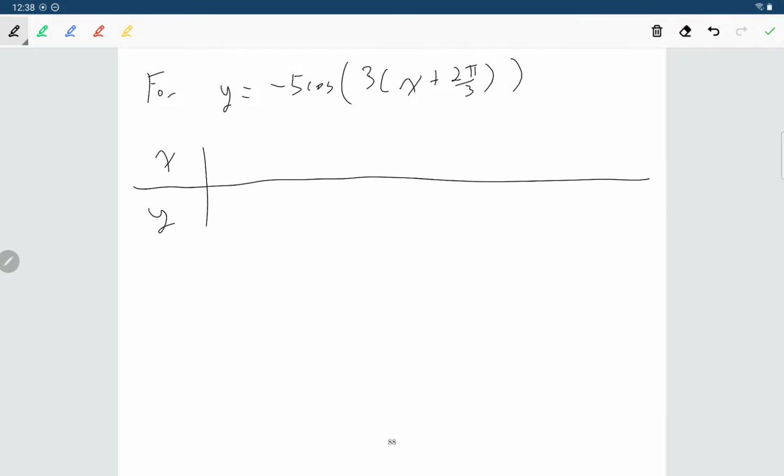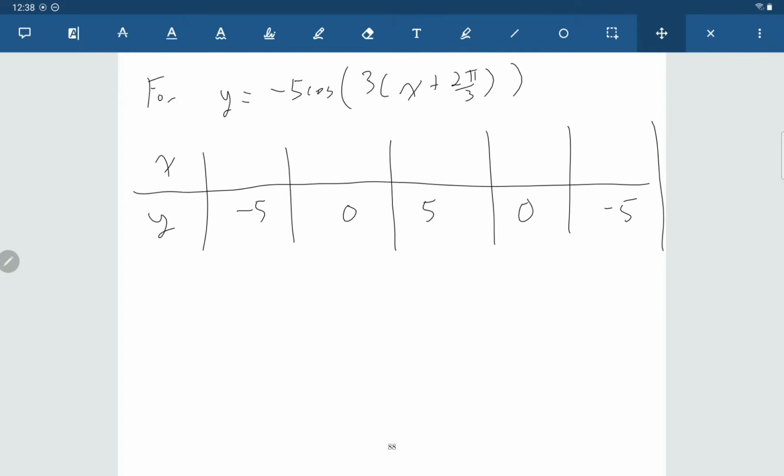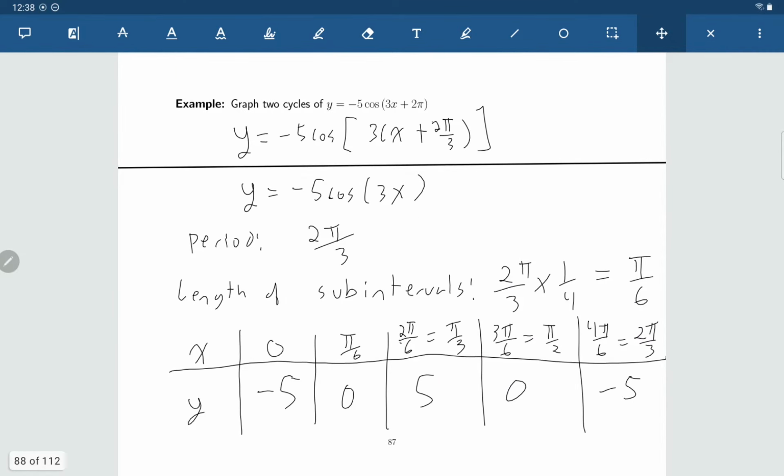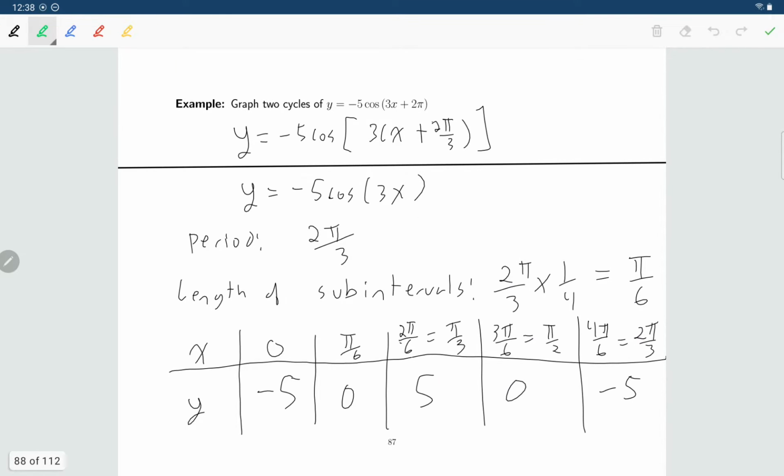So the y values will remain unchanged. The only thing that will change will be the x values. And so, what I'll be doing is taking each of my x values and subtracting that phase shift. That 2 pi over 3 will be subtracted from all of my x values.